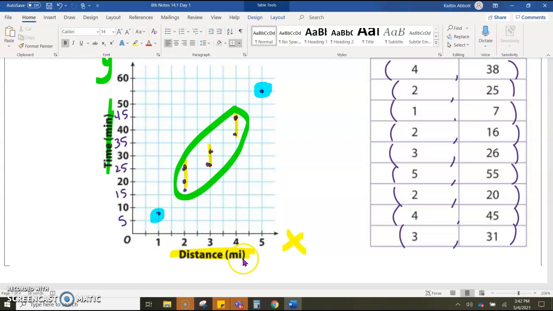You can look at the distance and see that she ran 2, 3, and 4 miles, and that's where most of the dots were. Or you could see that the farther she runs, the more time it takes, because the dots are going up. So make sure these units of measurement help you make interpretations.